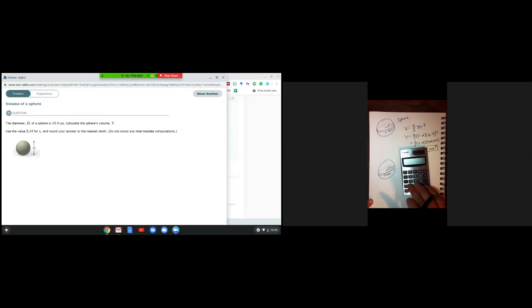So what does that mean for our radius? That divided by 2 is going to be 7.2 centimeters.